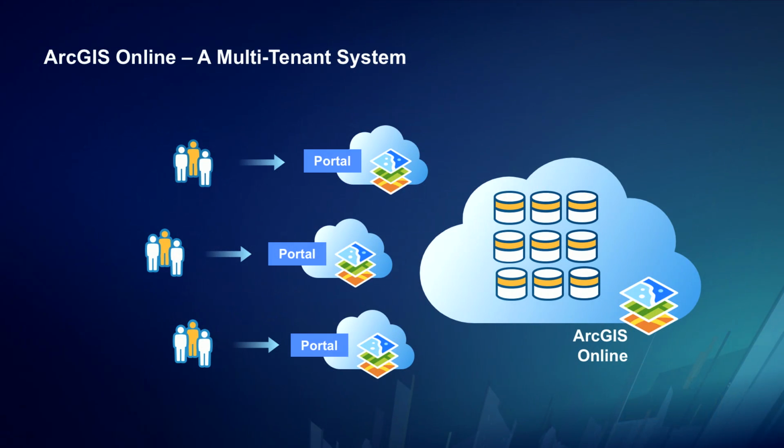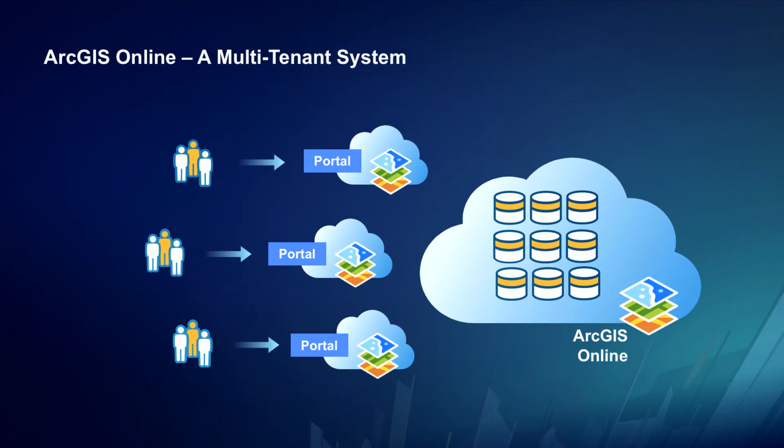I assume most of you are familiar with ArcGIS Online, but ArcGIS Online is our multi-tenant software as a service platform, which allows you to subscribe to a virtual portal and within it have a full GIS. So you can upload your data, manage users, disseminate information, and so on.